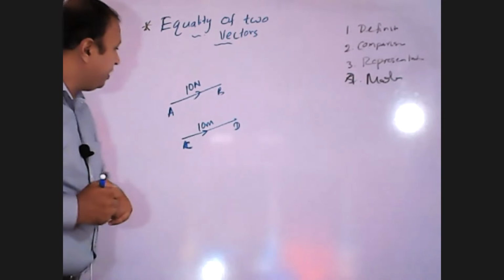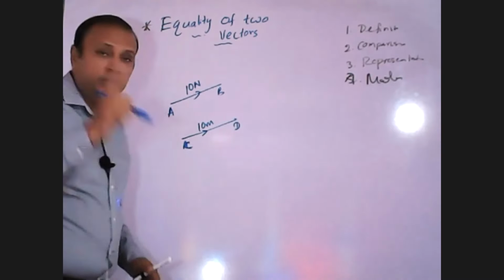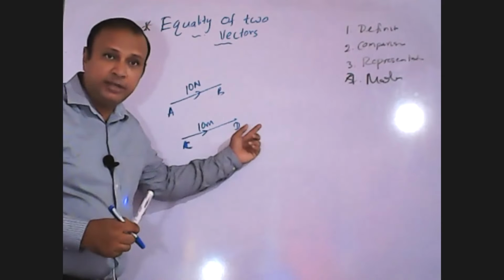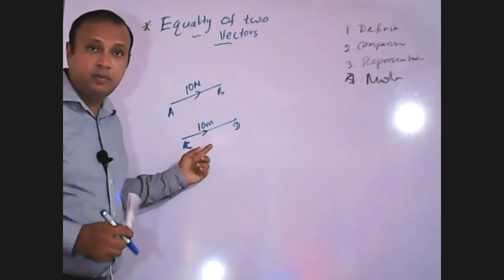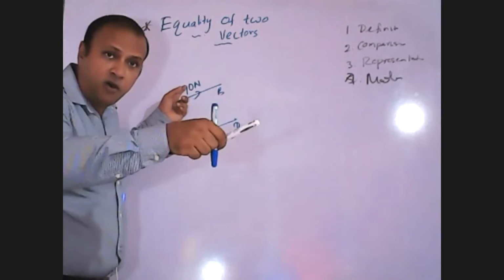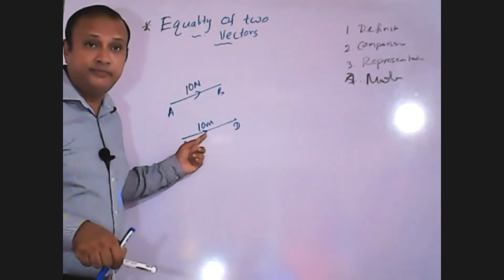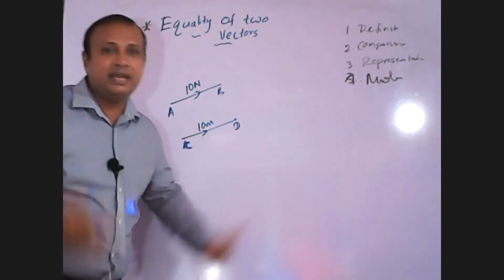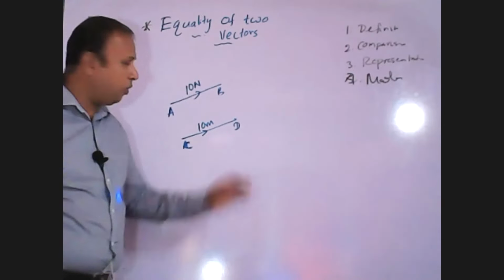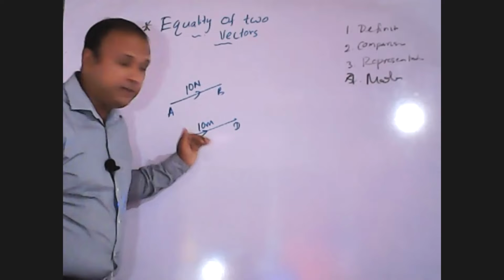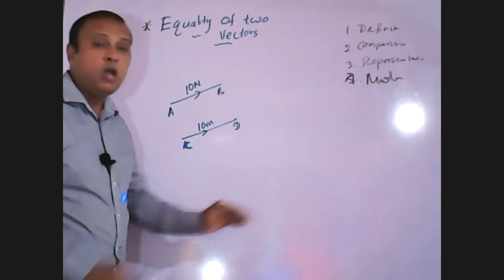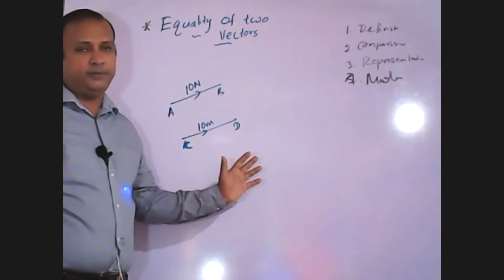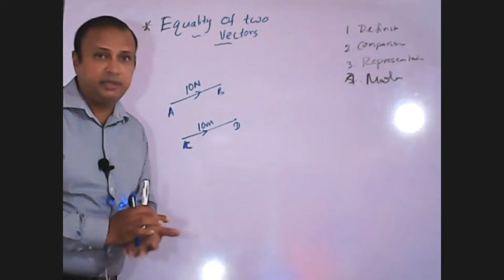If we consider the magnitude and directions, both are the same, no? Both have the same direction, both have the same magnitude. But one vector is a force, the other vector is a displacement. So we cannot equate different physical quantities. If we want to equate two vectors, both vectors should represent the same physical quantity. That is a mandatory thing.